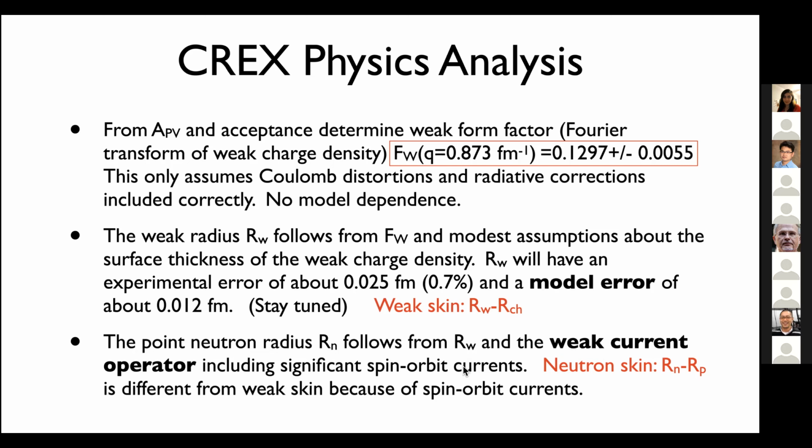And these spin orbit currents give a net contribution to the neutron skin or to the weak skin, which is actually larger than this experimental error. So to extract a point neutron minus proton skin for calcium-48, that necessarily involves at least some assumption about the weak current operator. Okay, great.